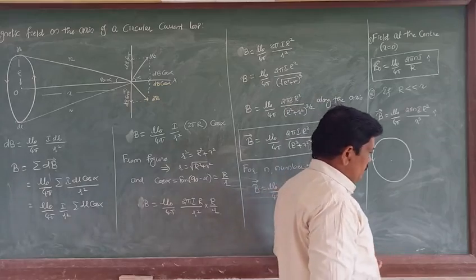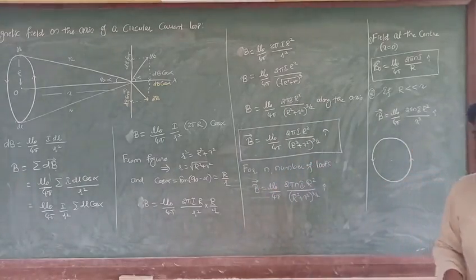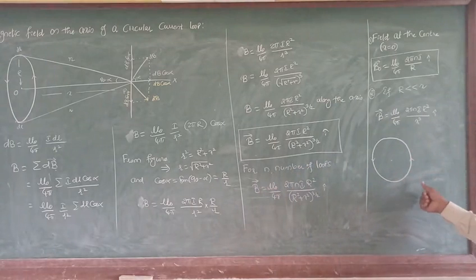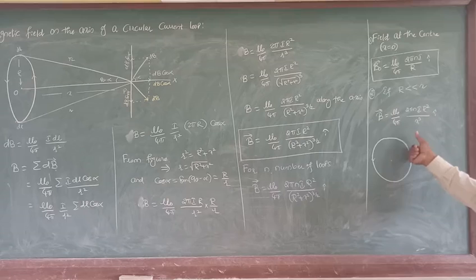Let us discuss the direction of the field in this case. If you use the right hand rule, the current is flowing in this direction and the other four fingers are encircled like this.